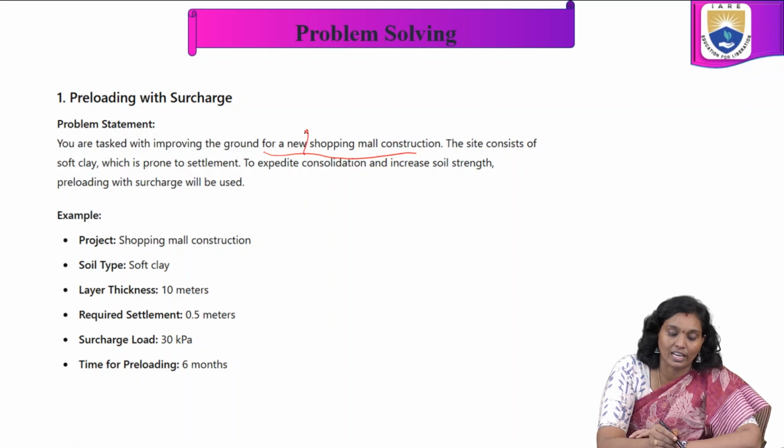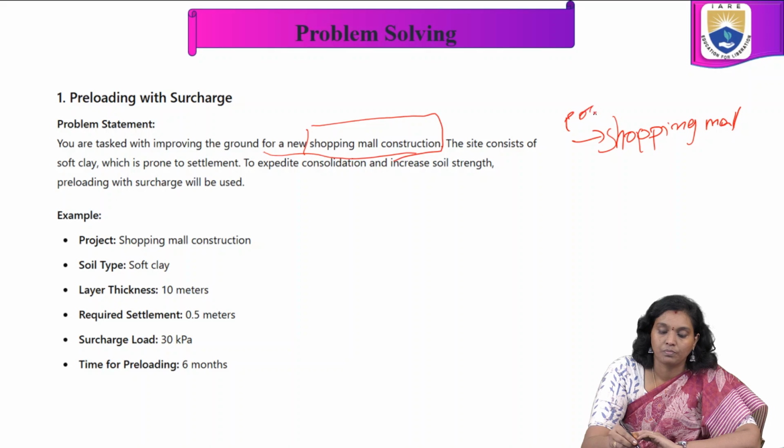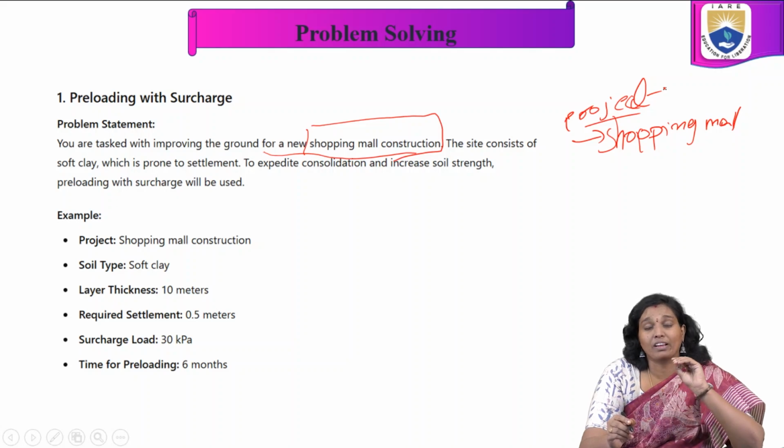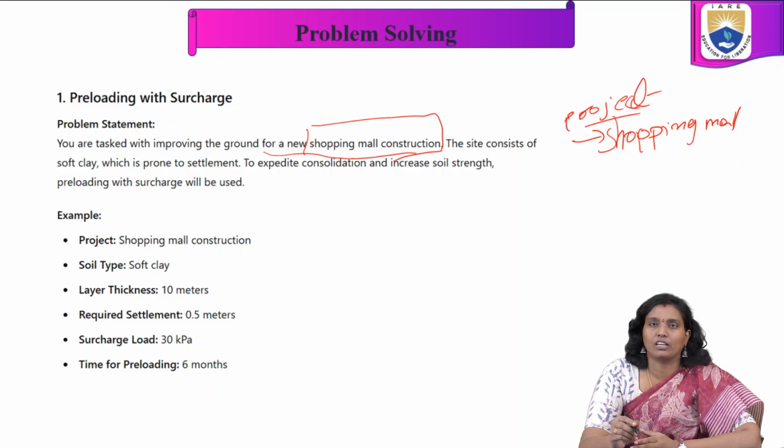This is the project. According to this project, what requirements are desired for this soil for getting a safe and economical construction of this shopping mall? This is the motto whenever we are using ground improvement techniques.